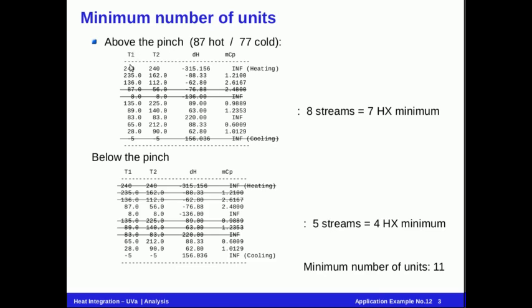This includes the heating, because utilities must also be taken into account for counting the minimum number of heat exchangers, and all process streams except this one that is below the pinch, which starts at 87 as a hot stream or below.